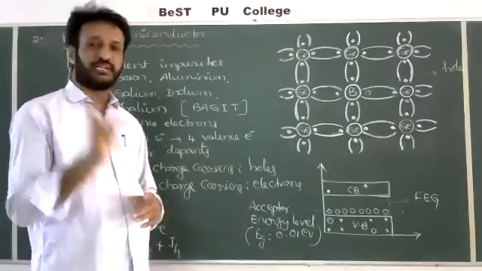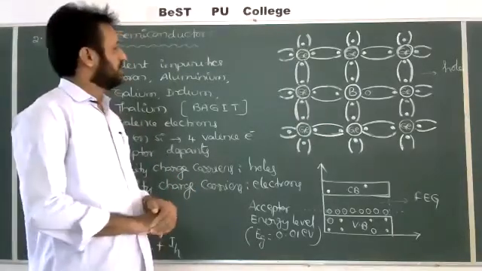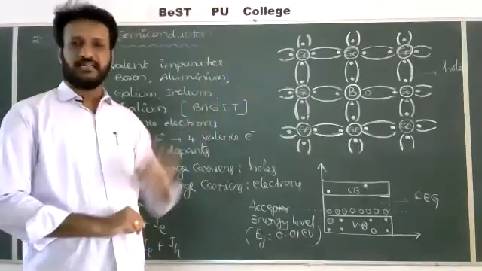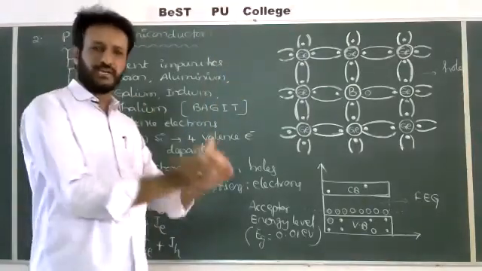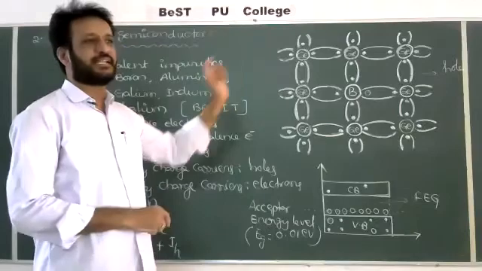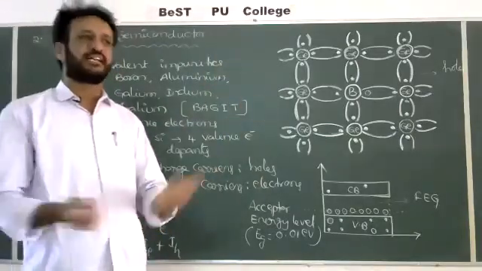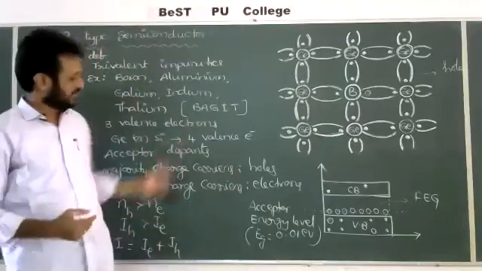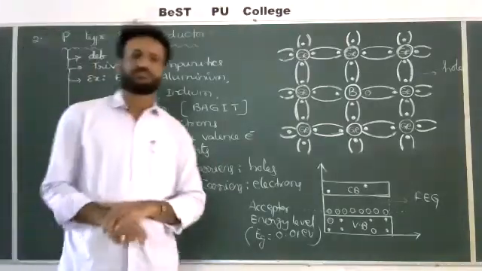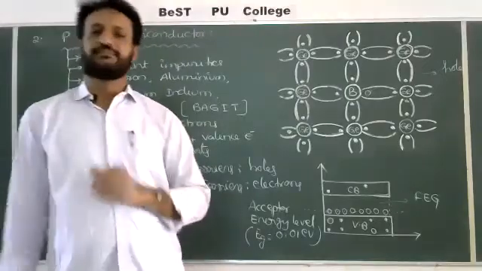Here also you have to understand one important thing. To the neutral germanium crystal, we are doping one neutral boron atom. Finally, what is the condition of the p-type semiconductor? Electrically neutral. That's the last point.